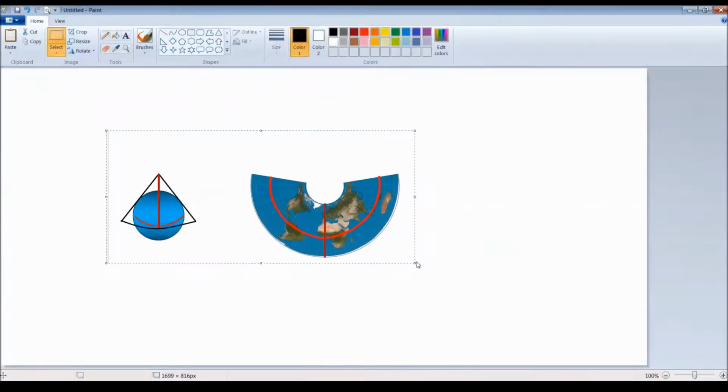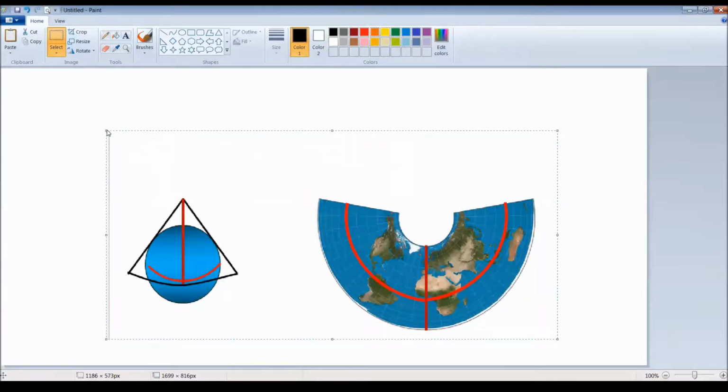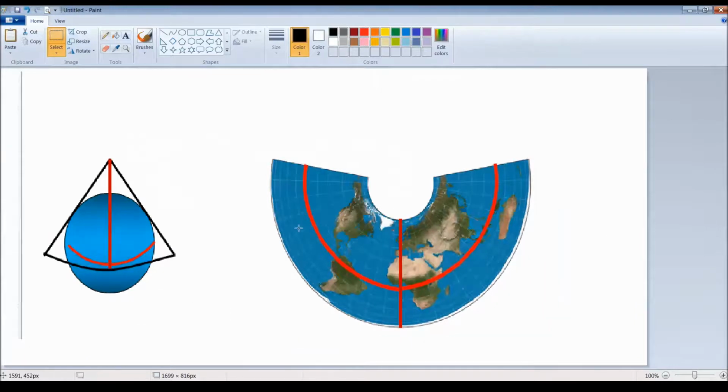What's going on here is the following. First thing is, let me make sure I have the right colors, the right things here. This is the equator. Where is the equator projected when we have a cone or a conical projection? It's going to be projected as a circle. You see, this is a circle. And the center of the circle is the center of the cone, which is the North Pole.